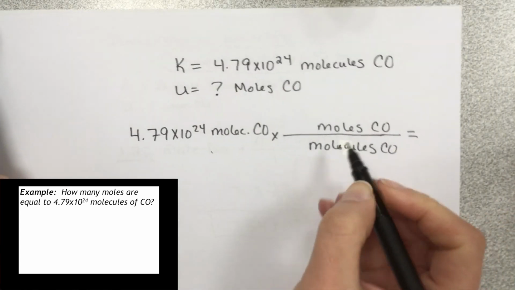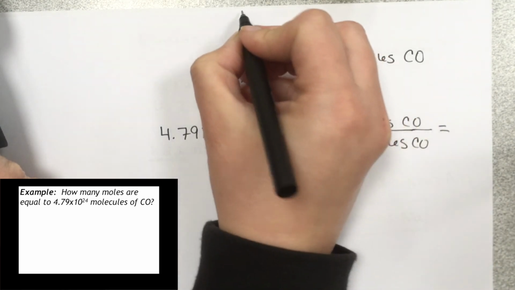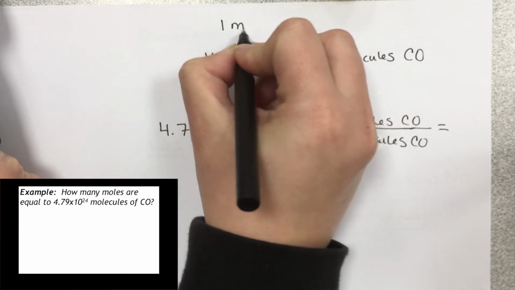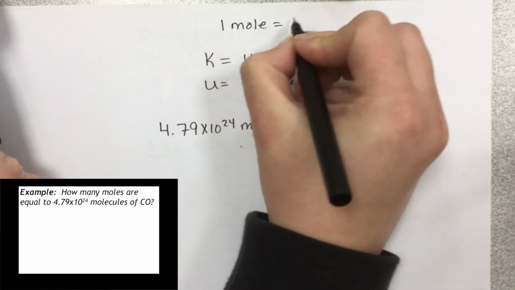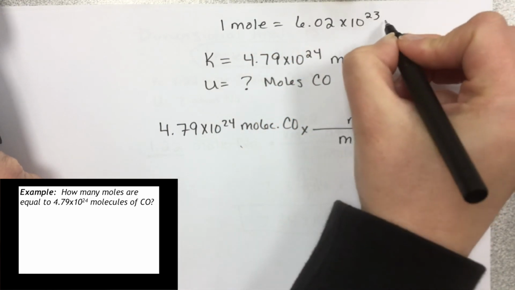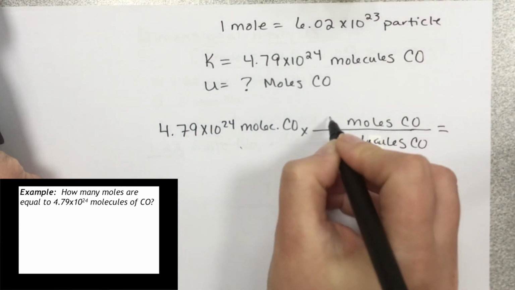So now all we're doing is a conversion factor. So remember that our conversion factor is 1 mole equals 6.02 times 10 to the 23rd particles. So that's what we do here. We have 1 mole of it.